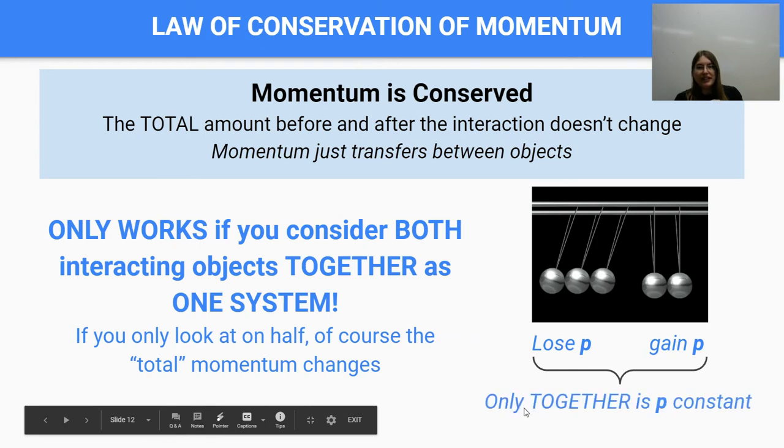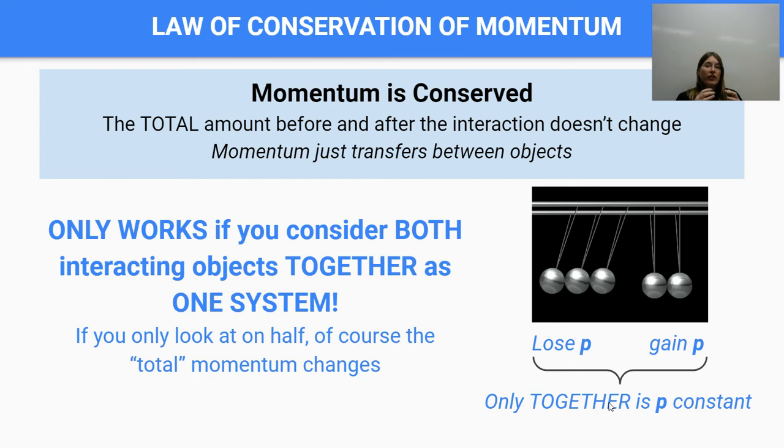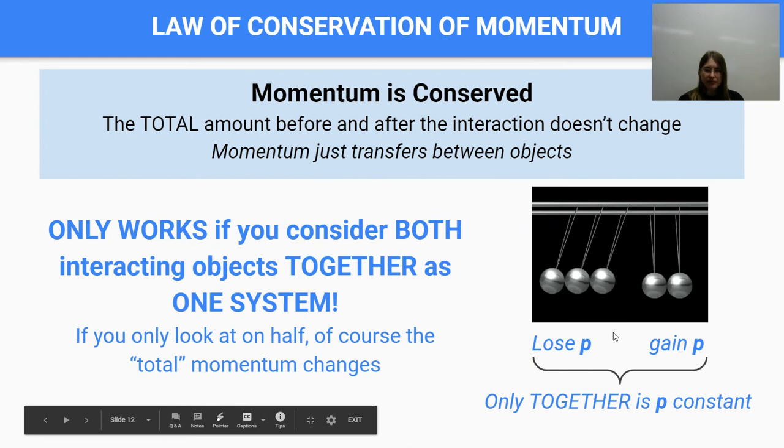So together, only together do you see a total constant. So when you're doing conservation of momentum, you do have to include everything in the system that's interacting. So all interacting objects must be considered together to see this happen, right? Because if you just looked at the moving ones, they're going to lose it. If you just looked at the gaining ones, they're going to gain it. You got to do both.